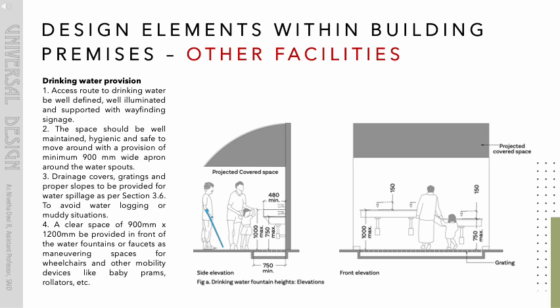Drainage covers, gratings and proper slopes to be provided for water spillage as per section 3.6, to avoid waterlogging or muddy situations. 4. A clear space of 900 mm by 1200 mm be provided in front of the water fountains or faucets as maneuvering spaces for wheelchairs and other mobility devices like baby prams, rollators, etc.